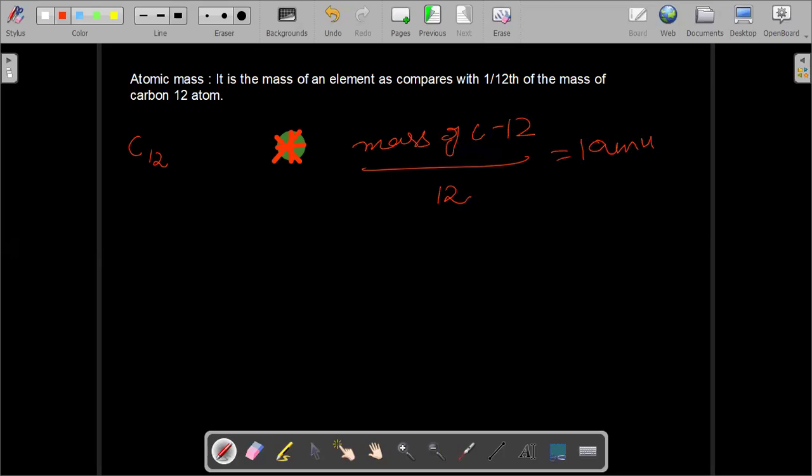Okay. So it's just like your kilogram. In a similar way, you have the atomic mass unit for atoms. One atomic mass unit will be the mass of 1/12 of a carbon 12 atom.